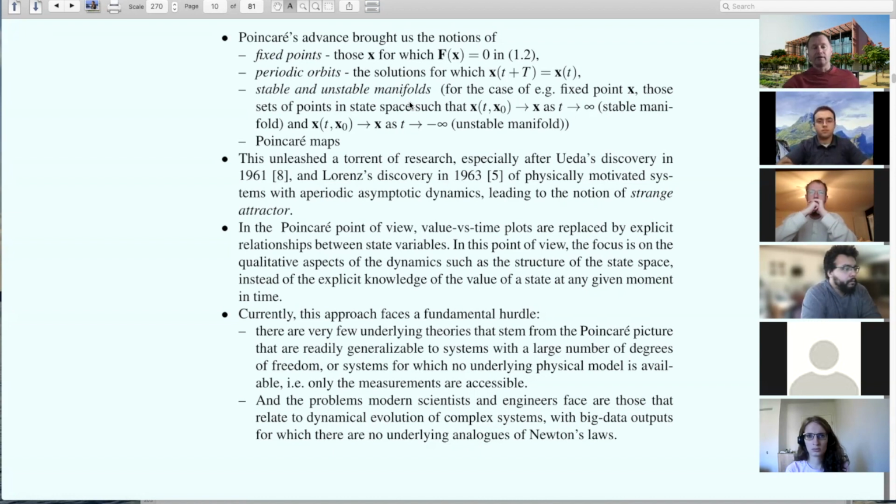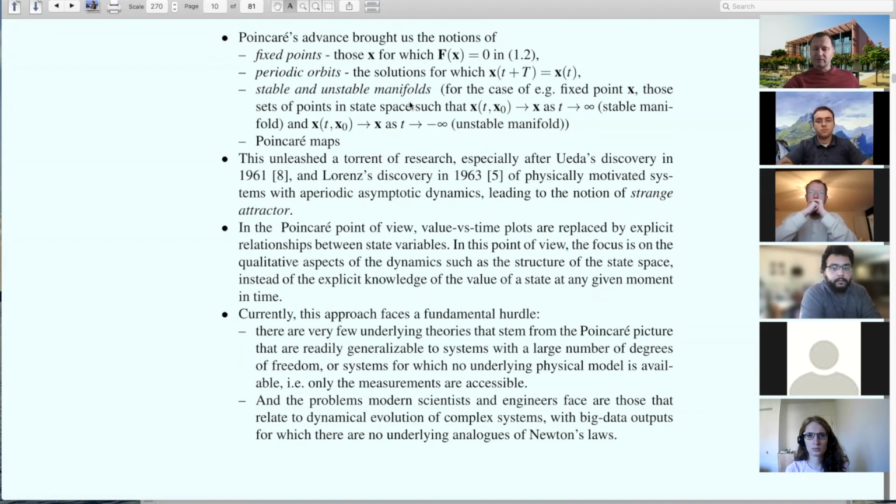And then, of course, 130 years of development in between put the whole theory on extremely solid mathematical foundations. So, big success: this is basically what is, in modern terms, geometric dynamical systems theory.